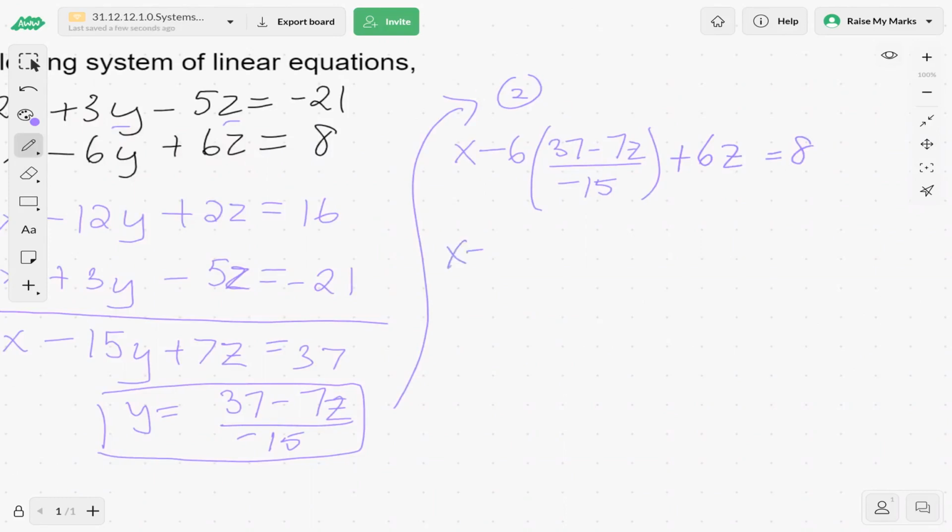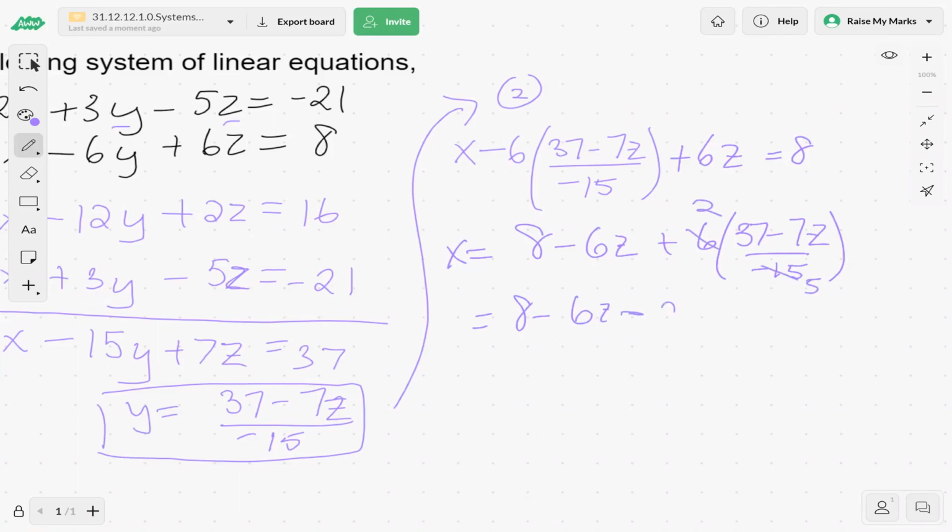So now x equals, we can bring everything over to the other side, 8 minus 6z plus 6 times (37 minus 7z over negative 15). And we can clean this up and see what we get. Common factor of 3 in here, which is nice. We got a negative, so bring that out, negative 2 times (37 minus 7z) over 5.